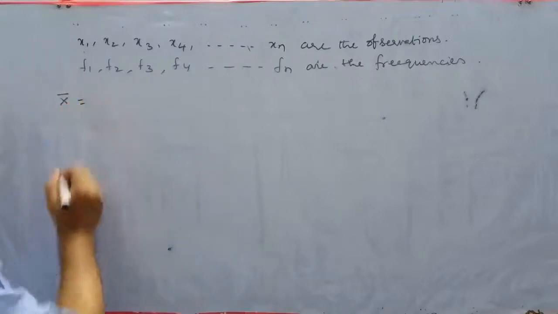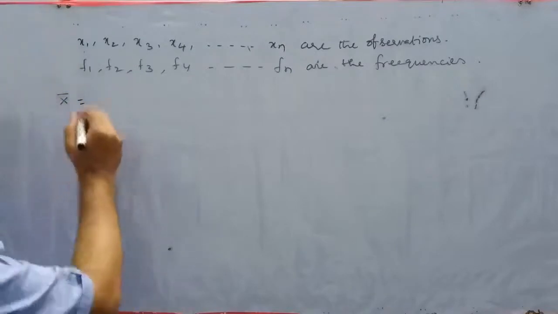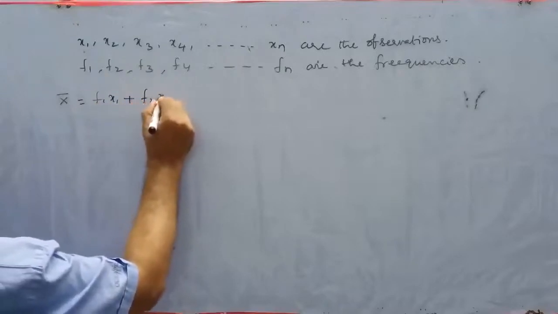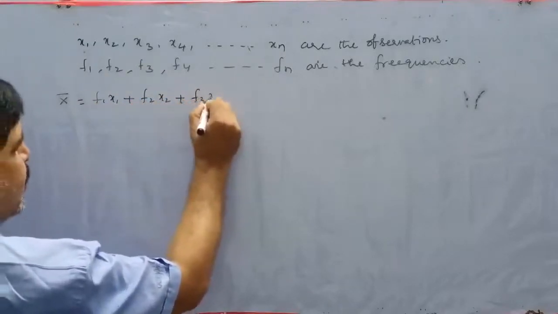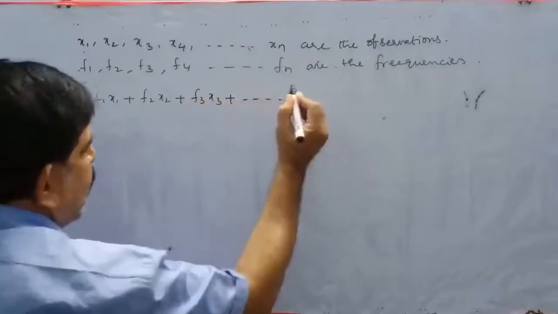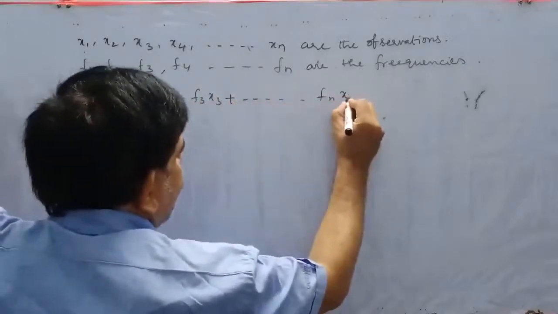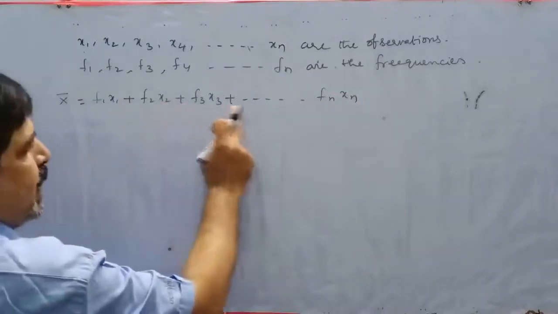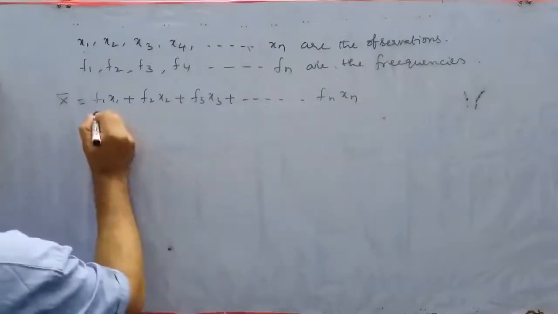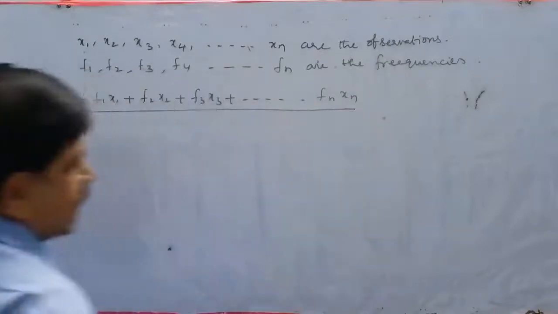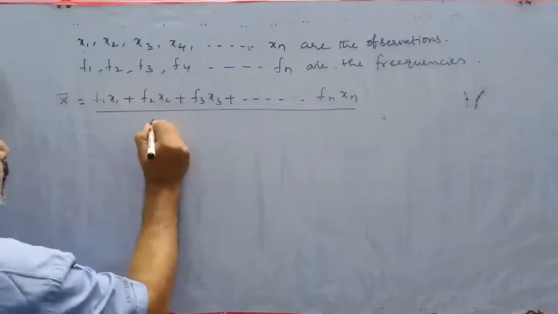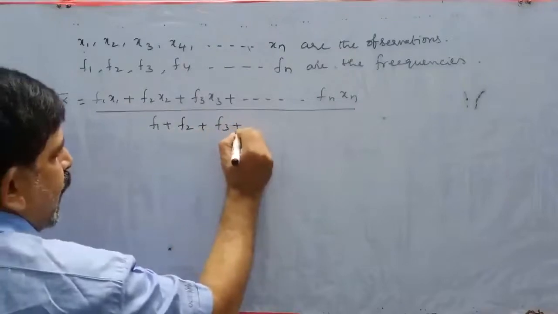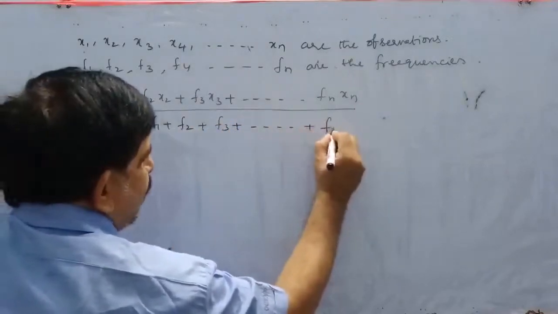So x bar is equal to f1 x1 plus f2 x2 plus f3 x3 and so on up to fn xn, divided by the sum of the frequencies, which is f1 plus f2 plus f3 and so on plus fn.